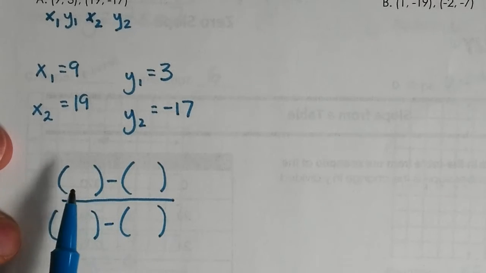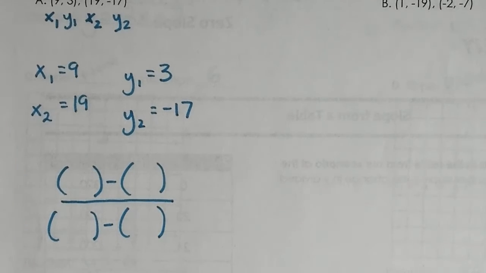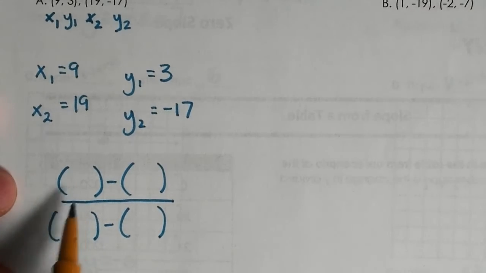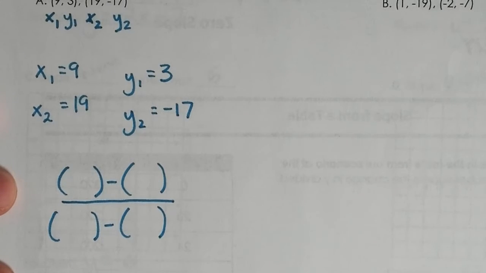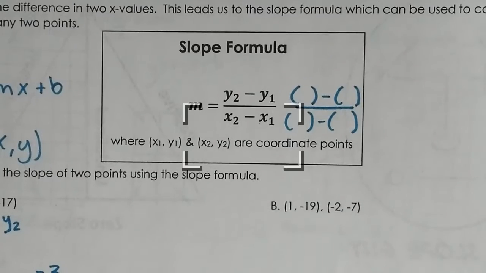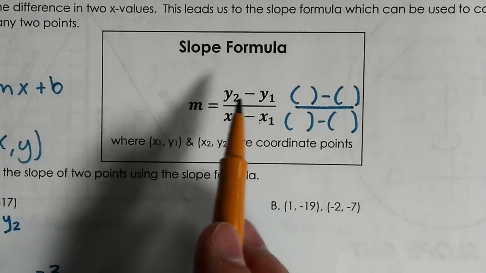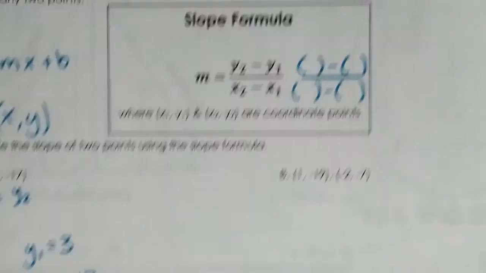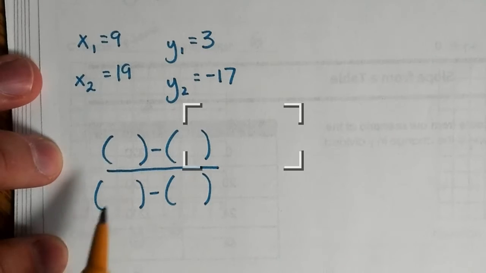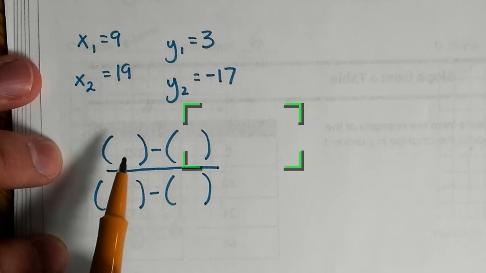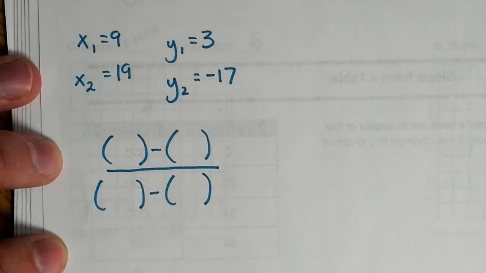So what goes in our first little box here, or our first parenthesis? Well, let's go up here. What does it say here? What goes first? y2 minus y1. So let's go back down here. So what goes in this parenthesis right here? What's our y2?